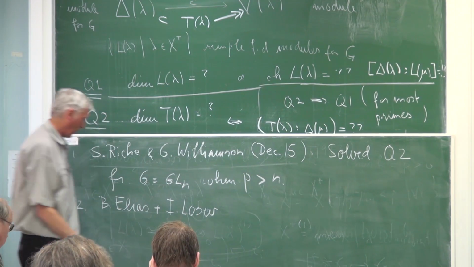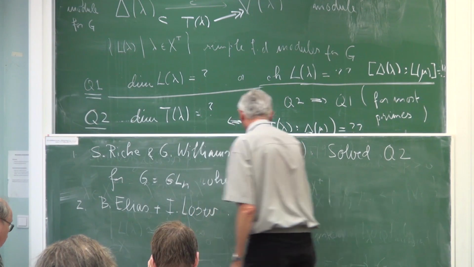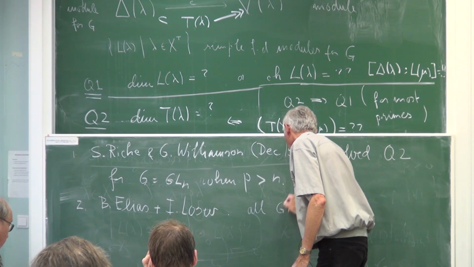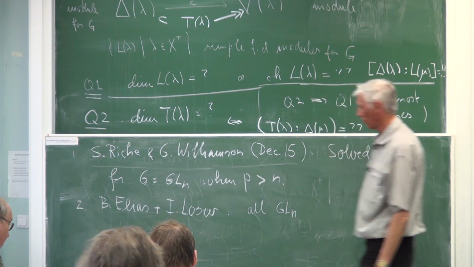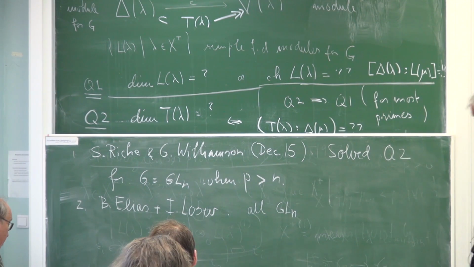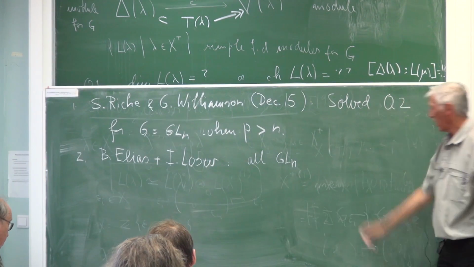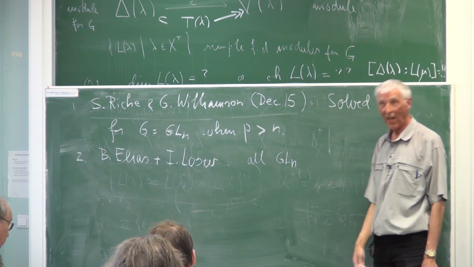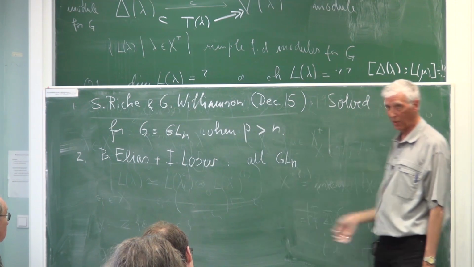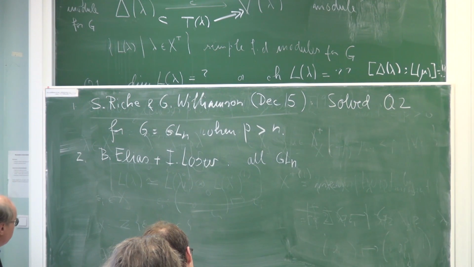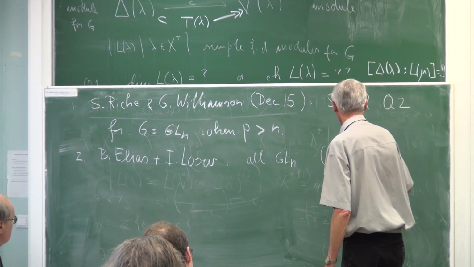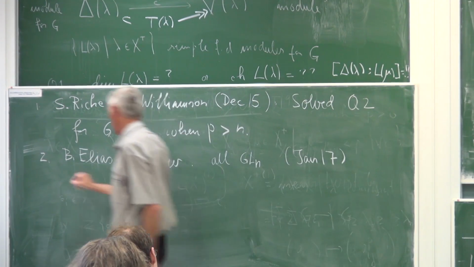Okay, so they got rid of this restriction, so all GLn. Even though p very large certainly is much better, it gives a very explicit and quite low bound, they were able to remove it completely, so that's perfect. And this was in the end put on the archive in January 2017.